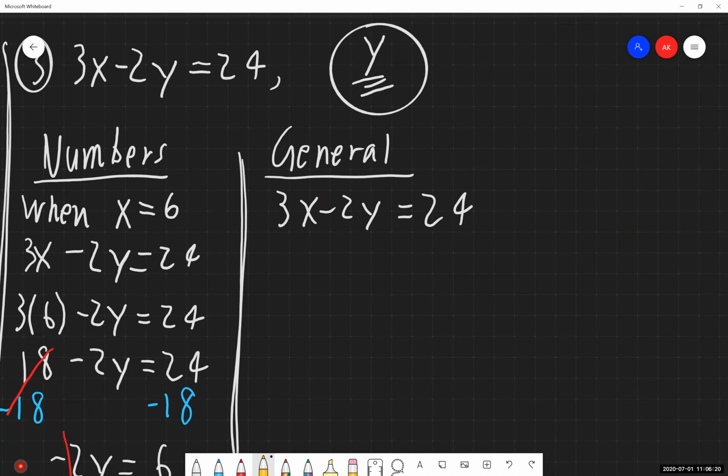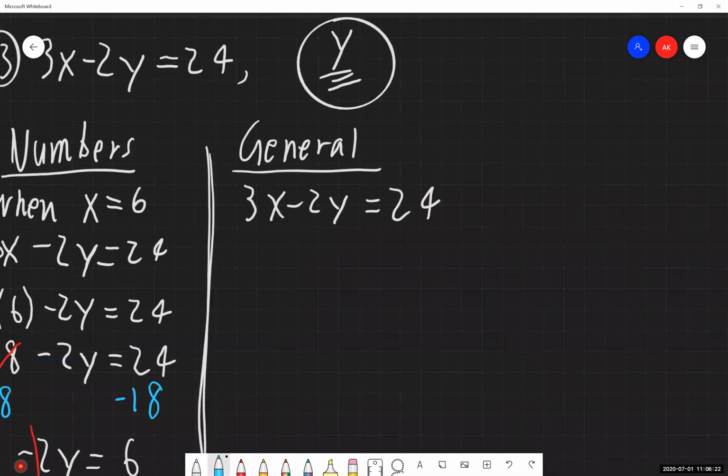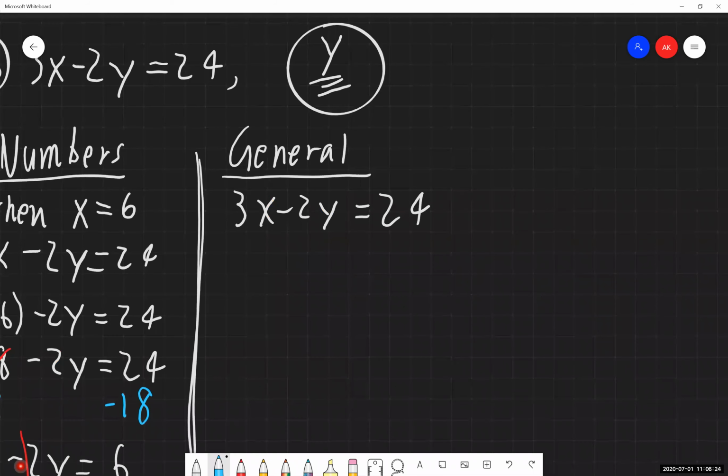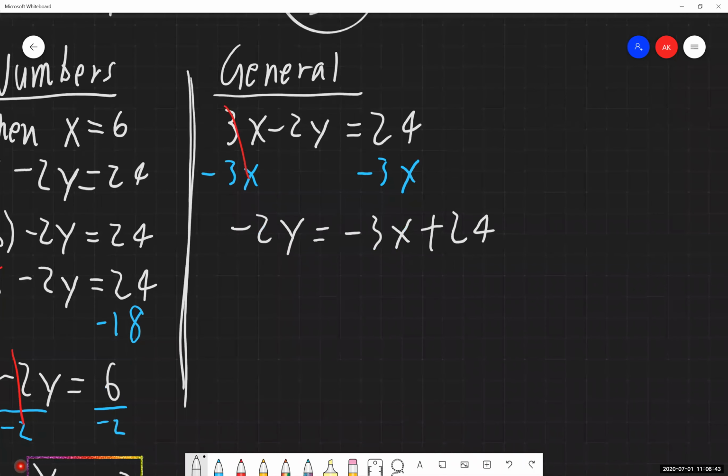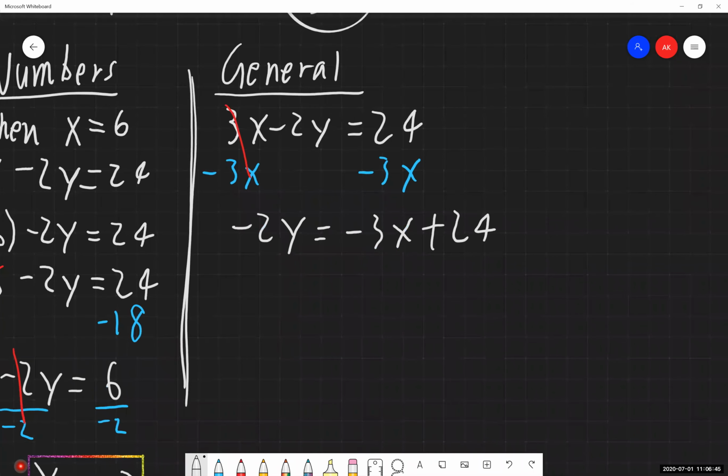So I do not want that on the left side of the equation. I want the y all by itself. So I'm going to subtract 3x from both sides. Cancels there. I can't combine the 3x and the 24. They are not like terms, so they have to stay separated, which is fine.